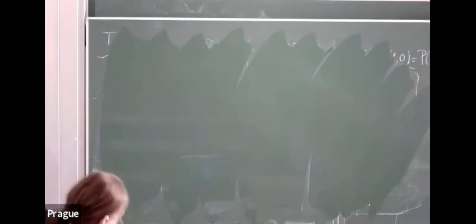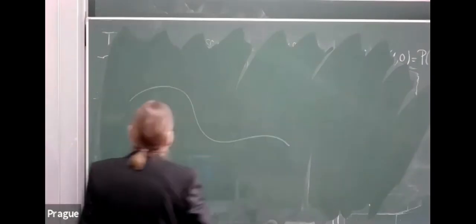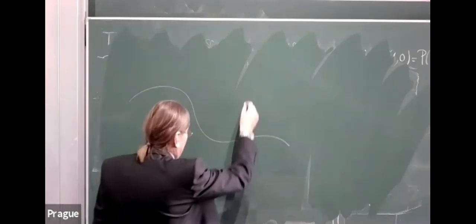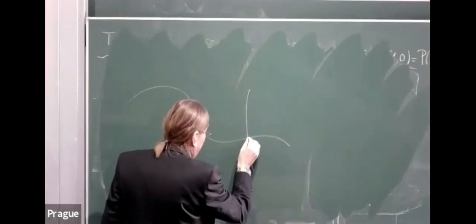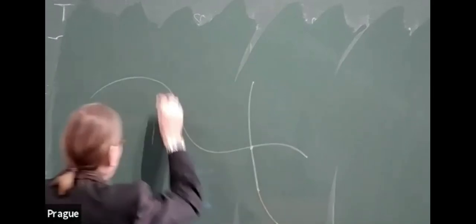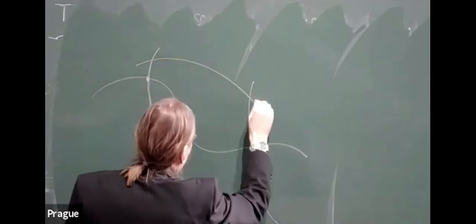A stable curve is a complex curve that may have several components, but they intersect in very nice ways. Usually people draw the intersection like this, and the components may have a genus, and these things form a modular operad.